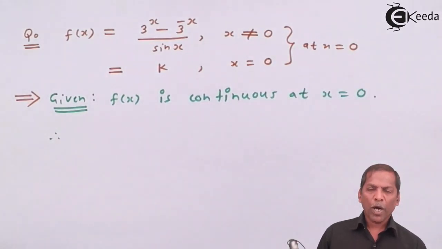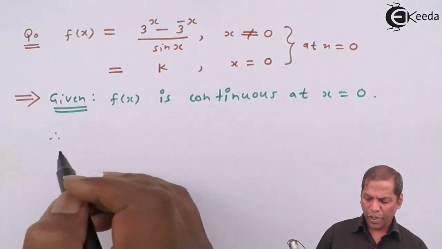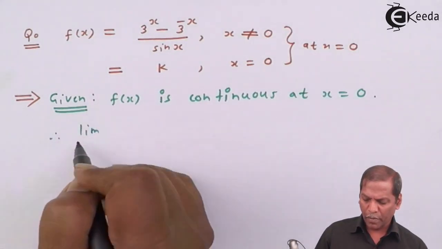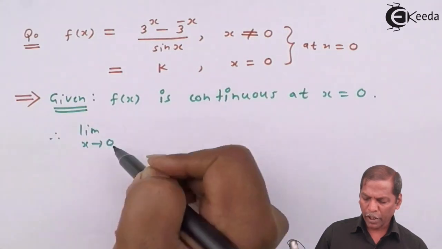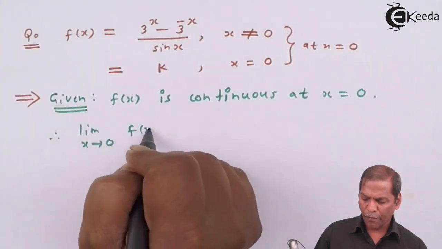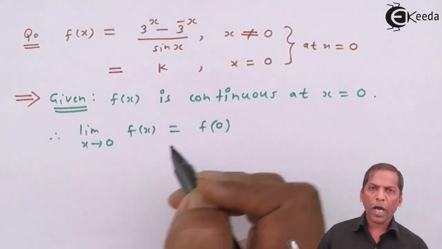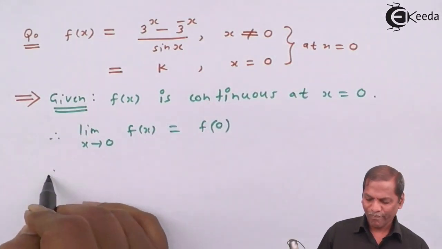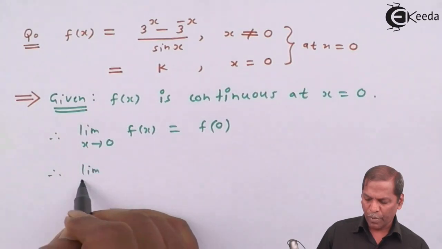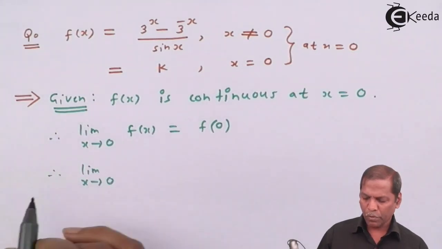Therefore, by using the first definition of continuity, limit x tends to 0, f of x is equal to f of 0. Therefore, limit x tends to 0.